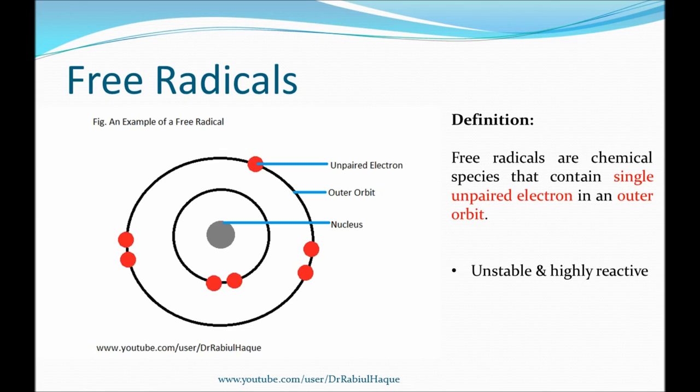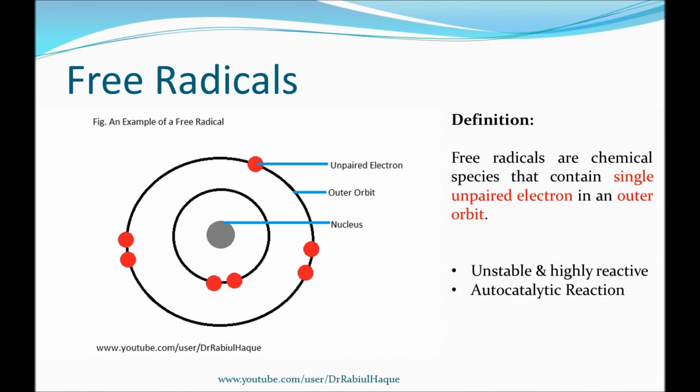Sometimes there is also a term you'll see in your textbook, that is autocatalytic reaction, and in those cases the molecules that are reacting with the free radicals, those molecules themselves also become free radicals, and that causes further damage by propagation of cell injury. So that is known as autocatalytic reaction, and we can also see that during free radical injuries.